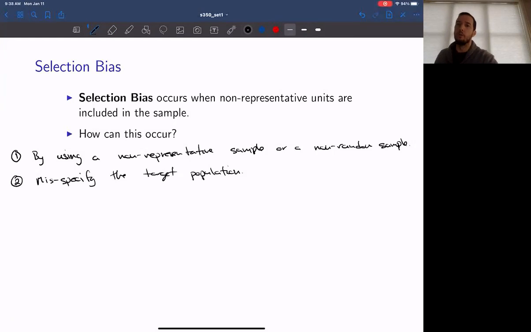Imagine you want to make a statement about target population A, but when you are creating your frame, you include information from population B, and there's no overlap between A and B. You're going to end up selecting units from population B, which are not to be included in target population A. Because of your misspecification, you're getting information from people that should not have been included in the sample in the first place.